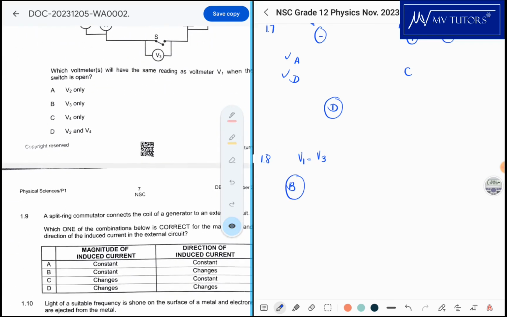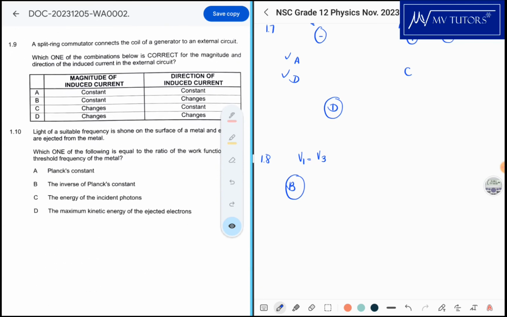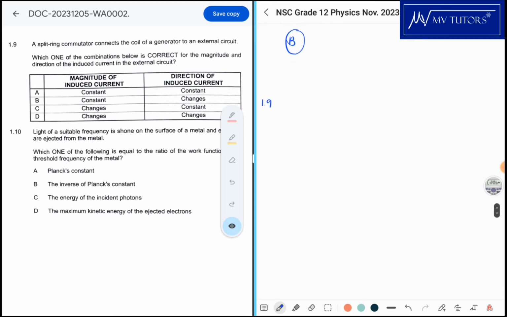All right, and now 1.9. It says a split ring commutator connects the coil of a generator to an external circuit. Okay, so split ring commutator, that should remind you of DC.